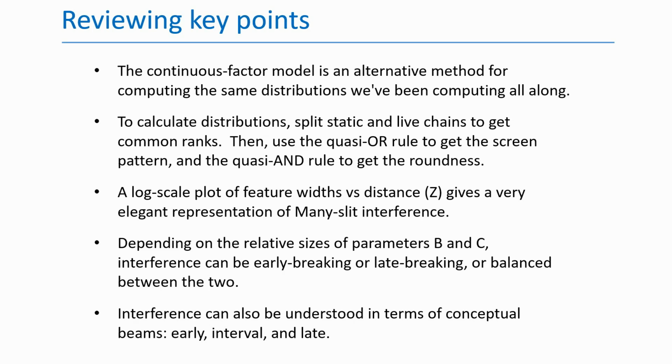A log scale plot of feature widths versus distance gives a very elegant representation of many-slit interference. Depending on the relative sizes of parameters B and C, interference can be early breaking or late breaking or balanced between the two. Interference can also be understood in terms of conceptual beams, early, interval, and late.